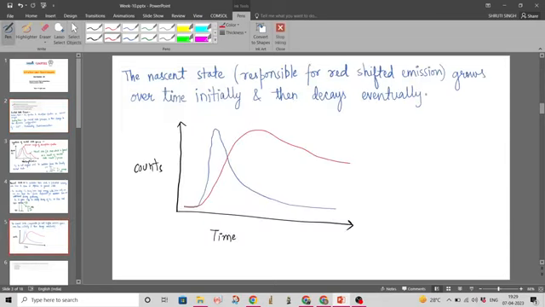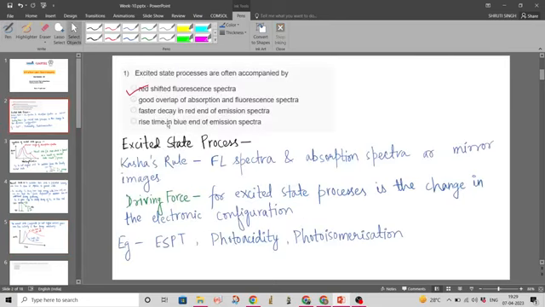So this one is the rise time in the red end, and this one is the faster decay at the blue end. So this option is wrong because we are not getting rise time in the blue end. Rise time is there in the red end.